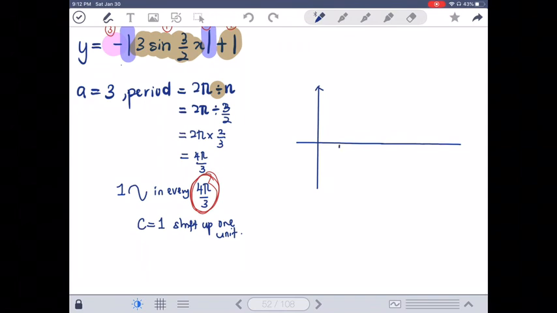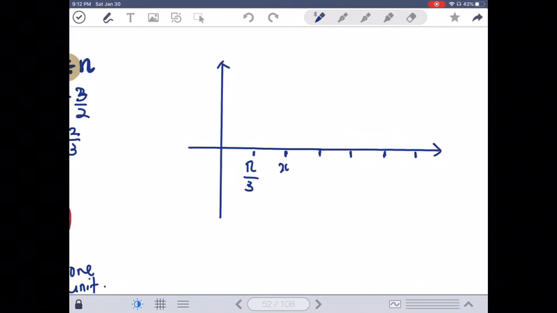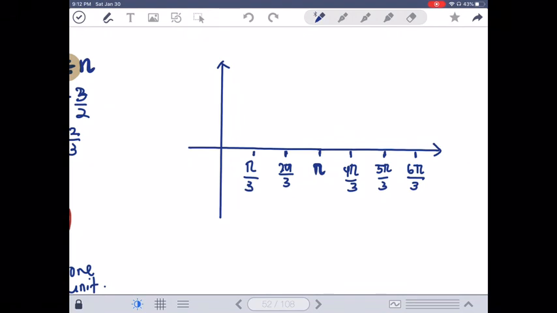We have pi over 3, 2 pi over 3, 3 pi over 3, 4 pi over 3, 5 pi over 3, 6 pi over 3. So this is pi over 3, then 2 pi over 3, 3 pi over 3, which is just equal to pi, 4 pi over 3, 5 pi over 3, 6 pi over 3. So 6 pi over 3 is just equal to 2 pi.